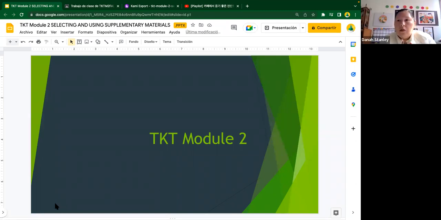Okay, so let's hurry up with the topic of supplementary materials. I just wanted to show you, this is another way I used to manage the observation in my classes.